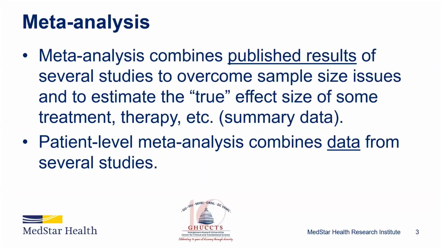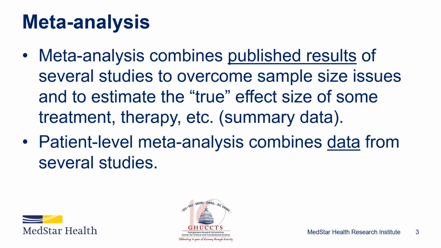So meta-analysis combines the published results of several studies, and primarily it's used to overcome the sample size issues that you might have with small studies, and to estimate the so-called true effect size of some treatment or therapy or whatever. The meta-analysis that I'm going to talk about today is based on summary data, that is data that you can get from published studies.